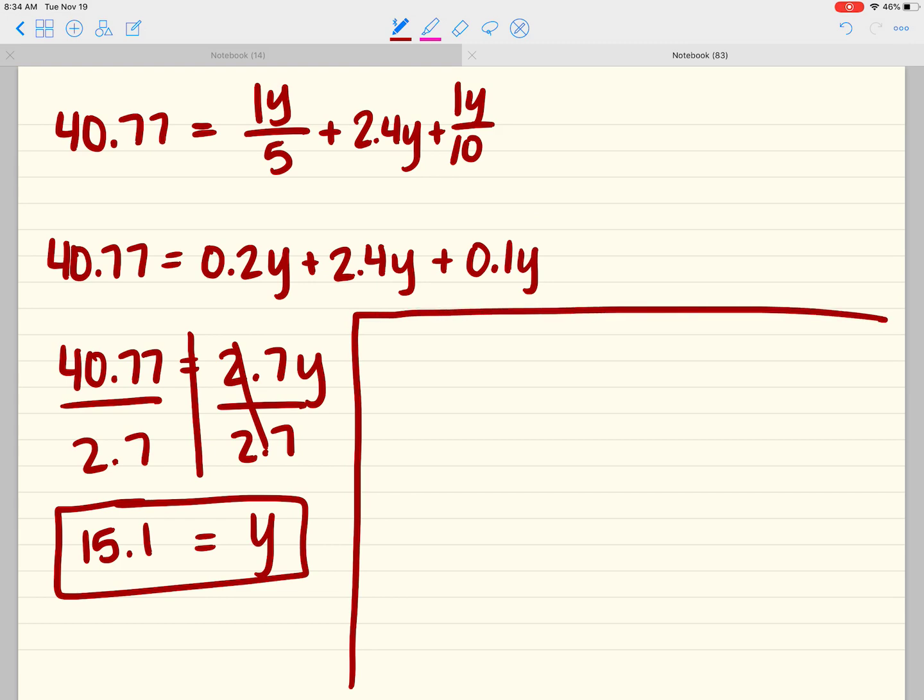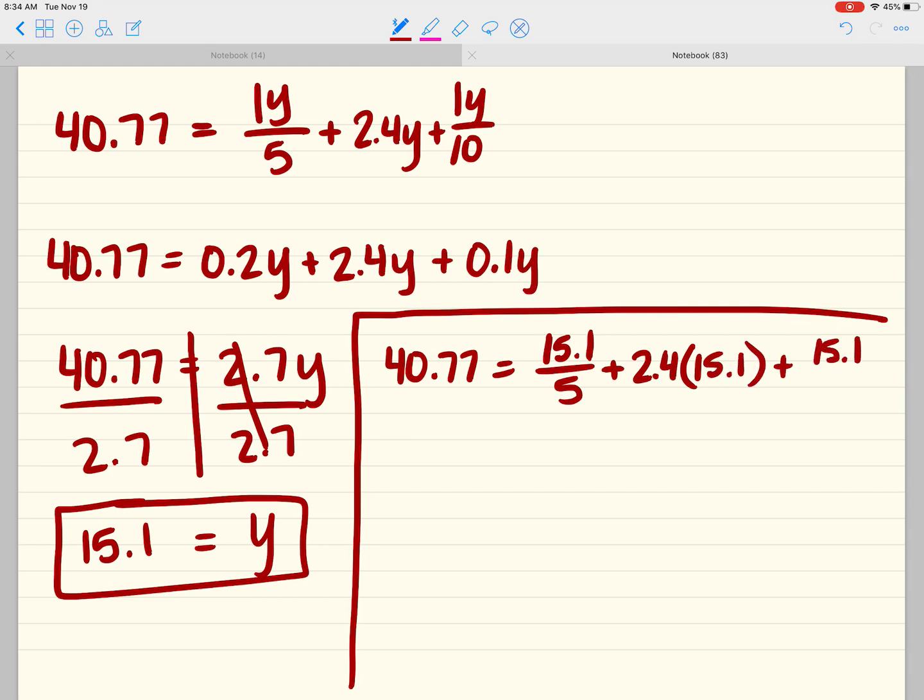I'm going to put my check down here because I kind of ran out of room. So when you plug that back in, 40.77 should be equal to, you don't have to put 1 times 15.1 because that's not going to change it, right? Just 15.1 divided by 5 plus 2.4 times 15.1 plus 15.1 divided by 10.